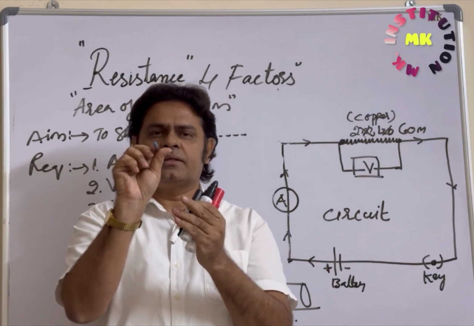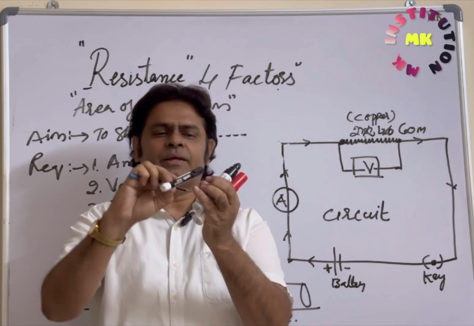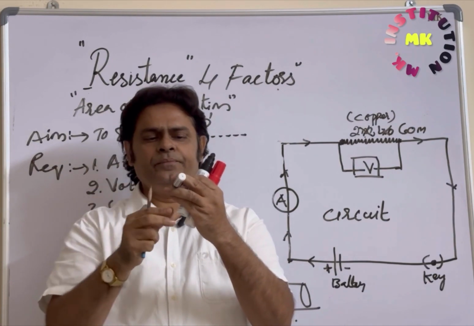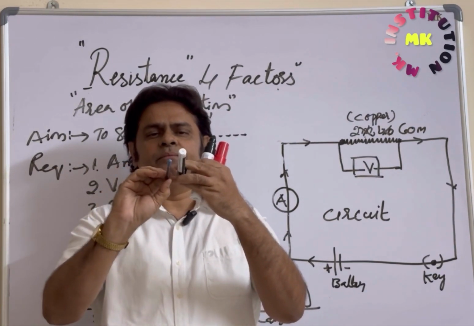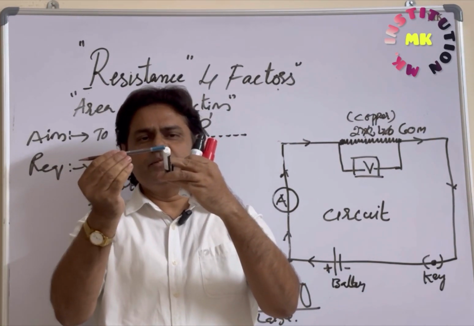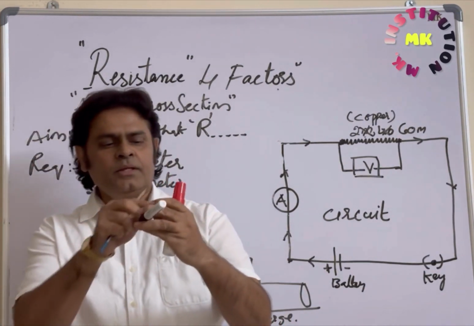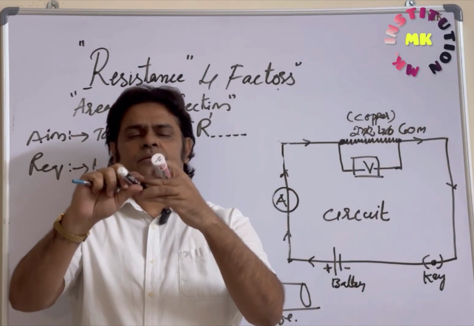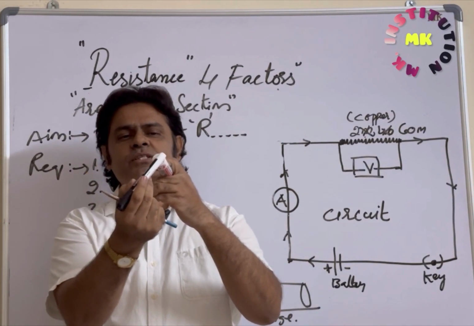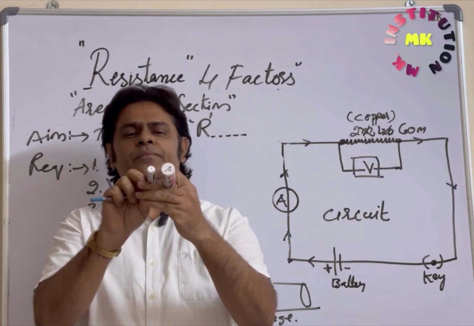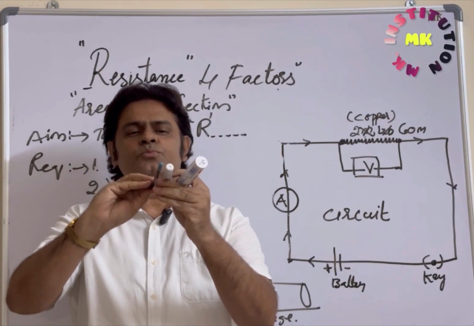This is the small one. This is the medium. Now this is the large. See the area of cross section here. Large, medium, small.